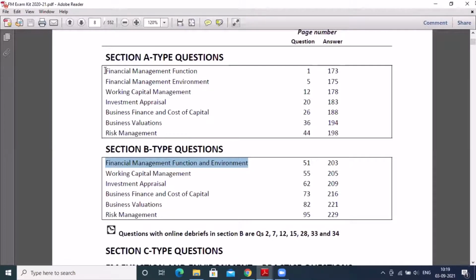I'm not expecting you to write because I don't want to waste your time, but I want everyone to please go through these questions from your examination kit, financial management function and financial management environment in Section A, and in Section B, financial management function and environment.